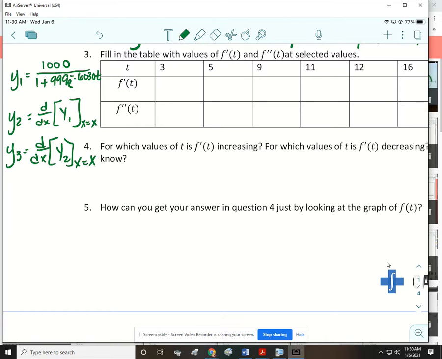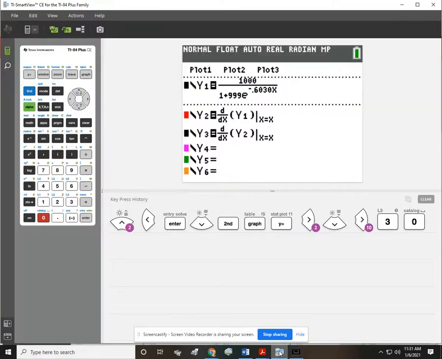And then for the second derivative on y3, it's going to be the derivative of the first derivative, which was typed in y2. All right, and then I already have that typed in. So what I'm going to do is I am going to turn off y1 because this table, we're not finding values of f of t.